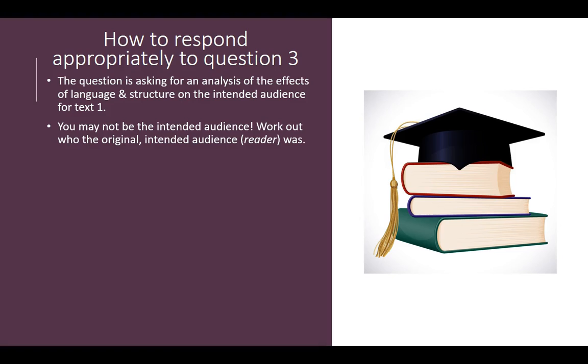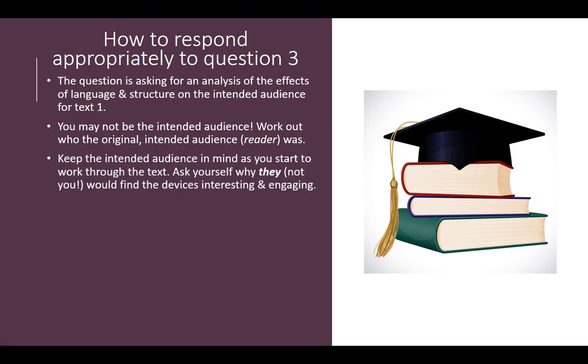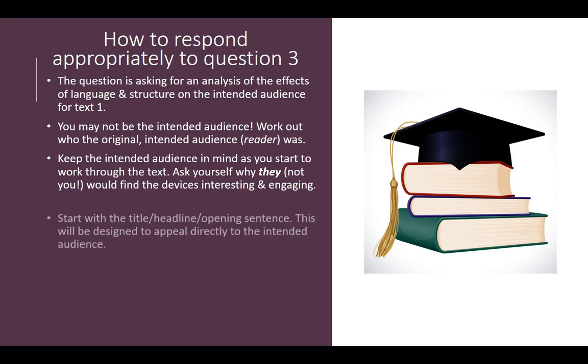Similarly, if you've got the text for a speech, you may not be the intended audience for that. You need to think about what interests that audience. So as you start to work through the text, you need to keep the intended audience in mind and constantly ask yourself why they, not you, would find the language and structural devices interesting and engaging.